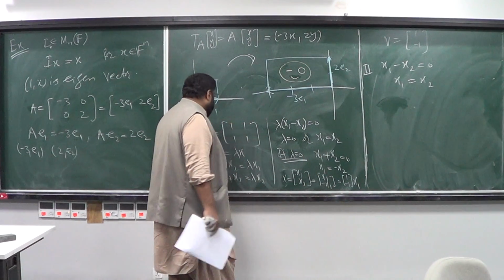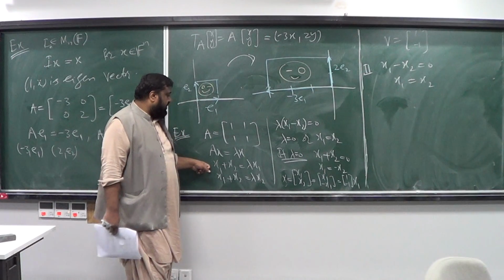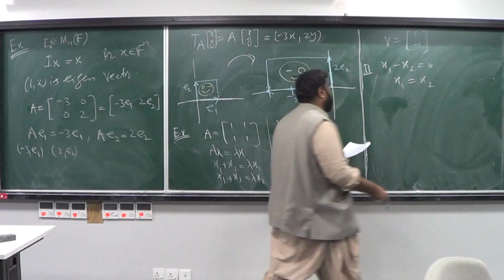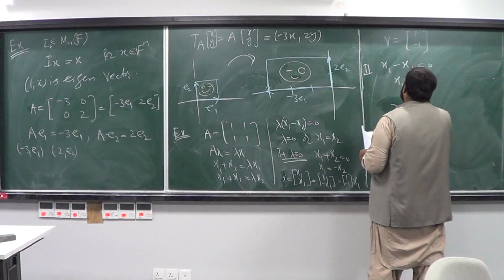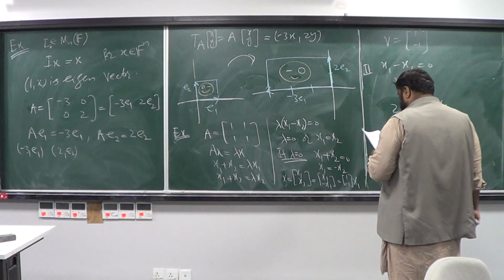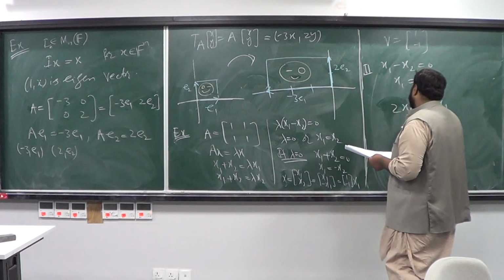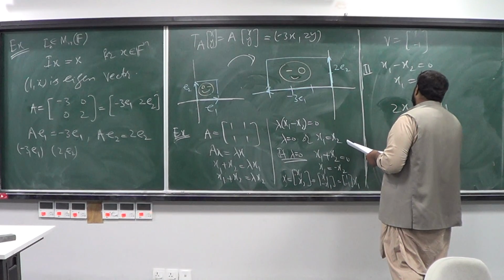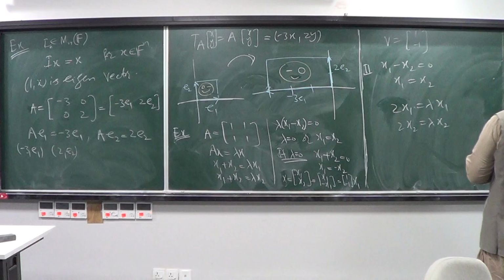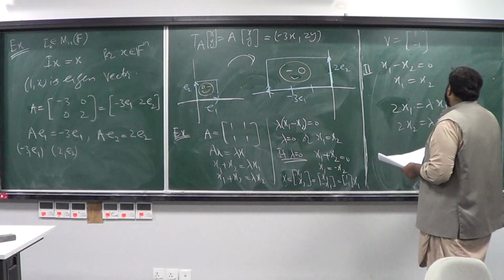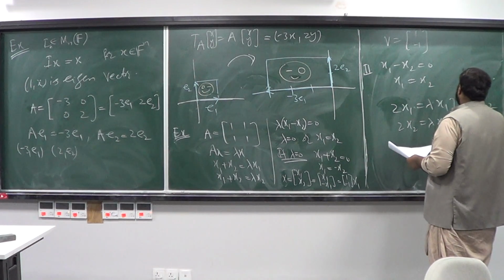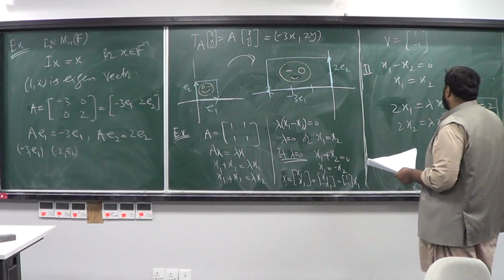From the first equation you get 2x1 equal to lambda x1, and from the second equation 2x2 equal to lambda x2. What follows from here is that lambda equals 2. So we got another eigenvalue.